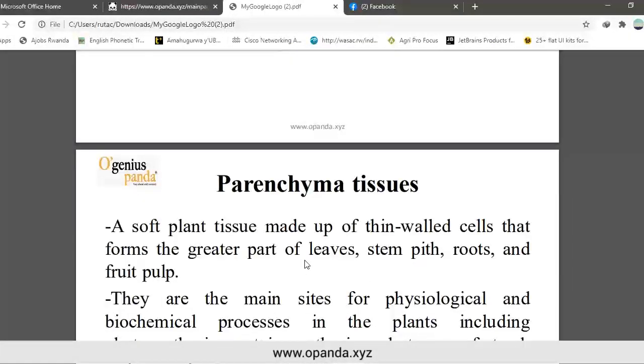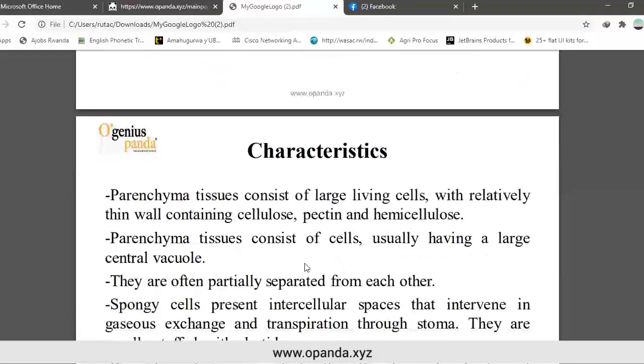Characteristics of parenchyma tissues: they consist of large living cells with relatively thin walls containing cellulose, pectin, and hemicellulose. The cells usually have a large central vacuole. They are often partially separated from each other.